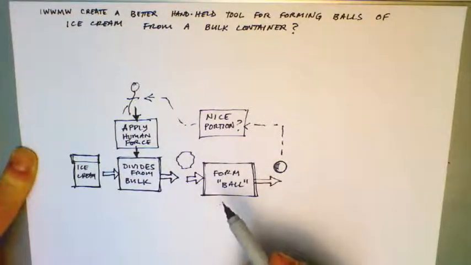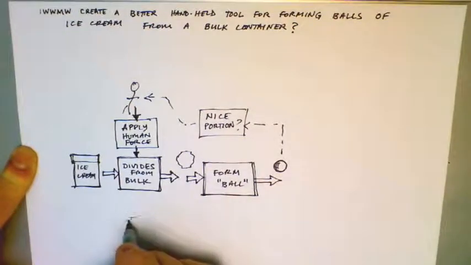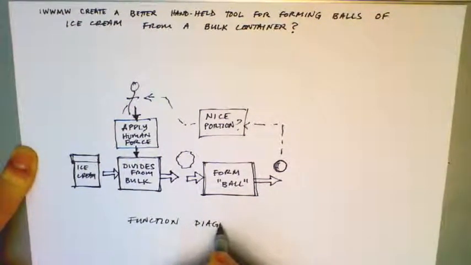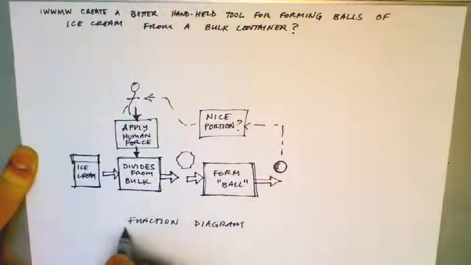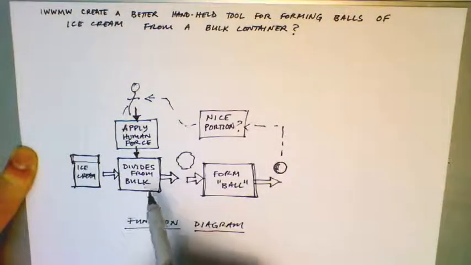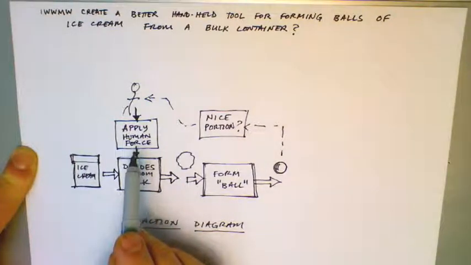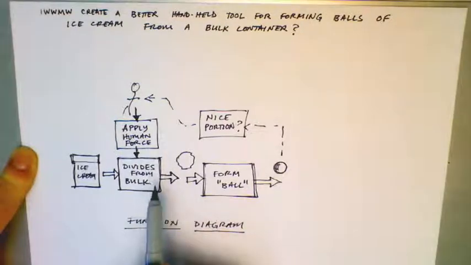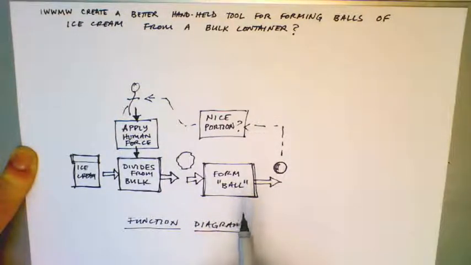The next step in using a function diagram for exploration is to pick typically at most 2 or 3 of these functions to use as a way to focus your exploration effort.